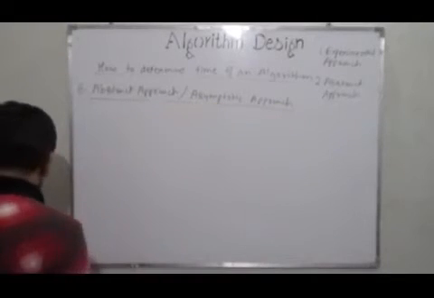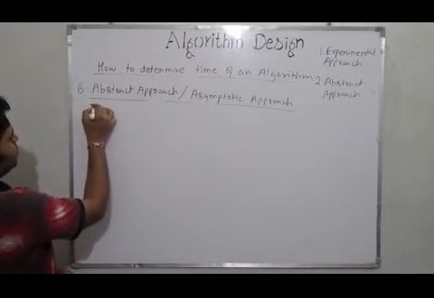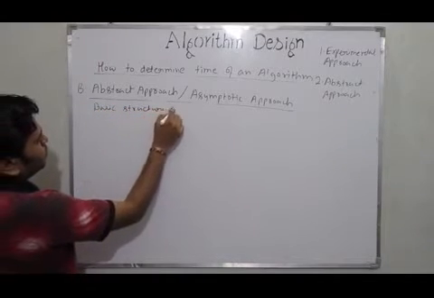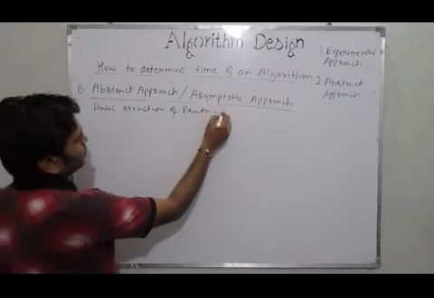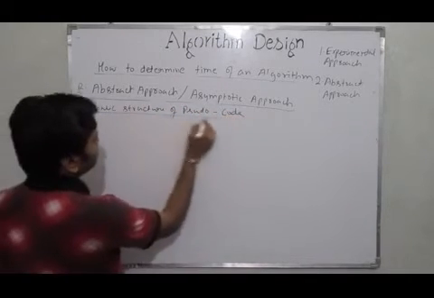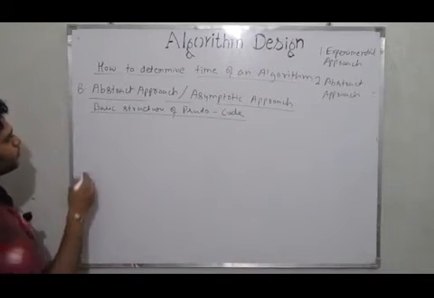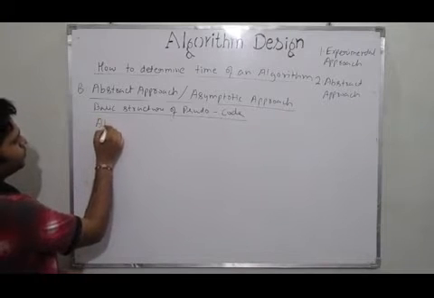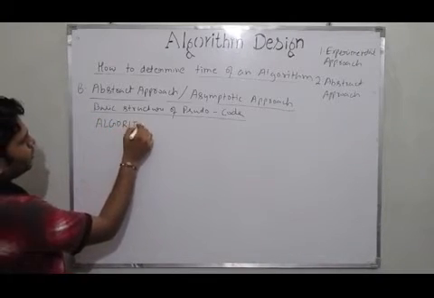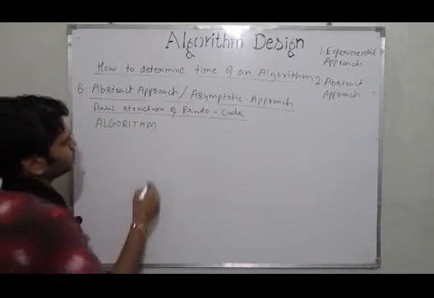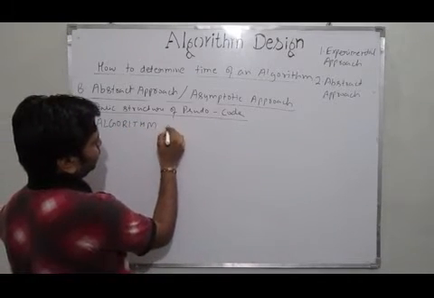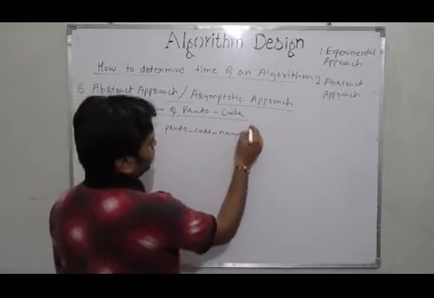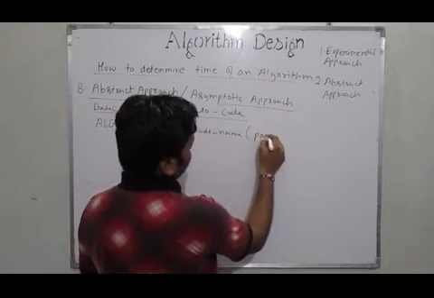So the basic structure of pseudocode is that we have to first write the keyword algorithm, and then we have to write the pseudocode name. We have to provide certain parameters here.